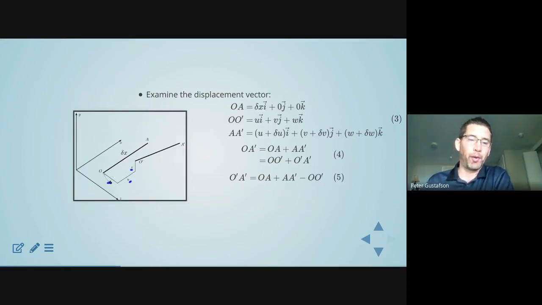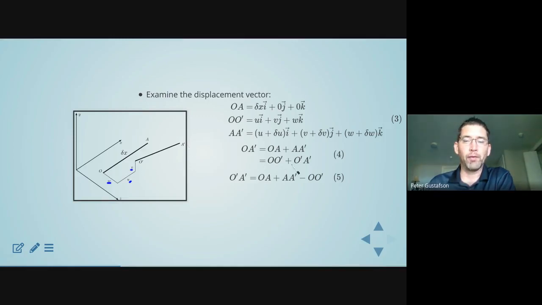What can we do? Well, we can look at O to O prime plus O prime to A prime. We can look at O to A plus A to A prime. These are two different paths that we can use to get from O to A prime. So if I write O to A prime, it will be O to A plus A to A prime, or equivalently it will be O to O prime plus O prime to A prime.